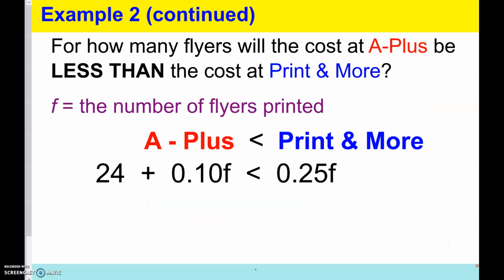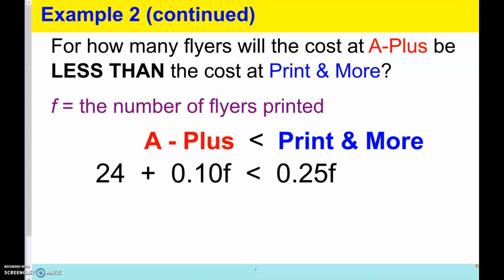So we end up with this inequality right here: 24 plus 0.1f is less than 0.25f. Now this should look exactly like it did yesterday. The only difference is that we have a decimal instead of just whole numbers.